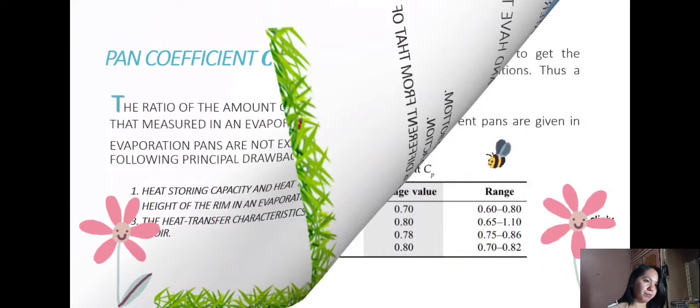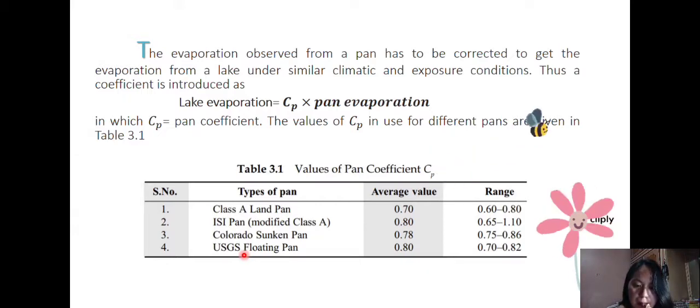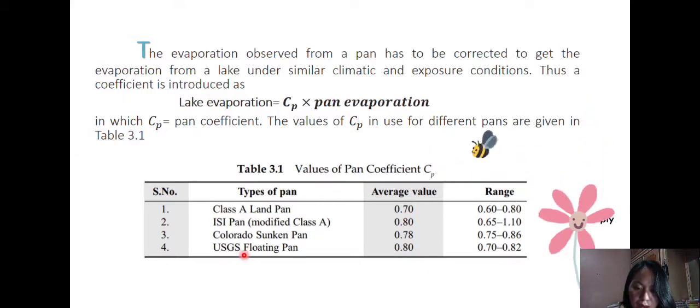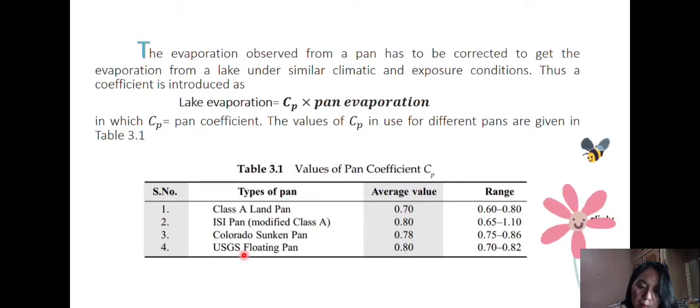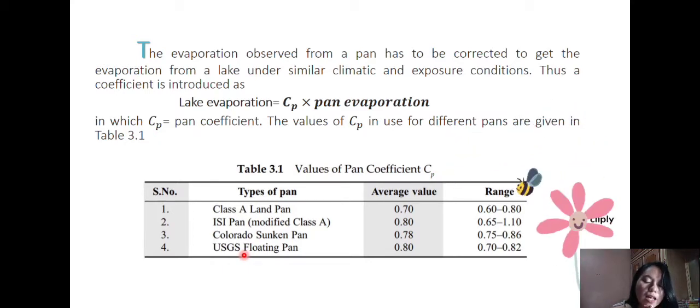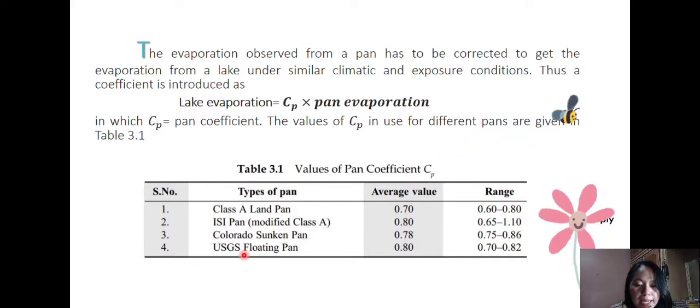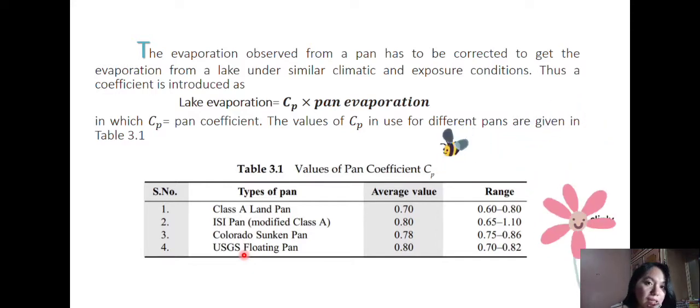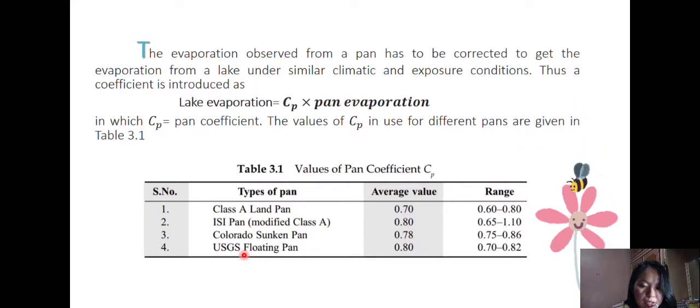So, in view of this, the evaporation observed from a pan has to be corrected to get the evaporation from a lake under similar climatic and exposure conditions.